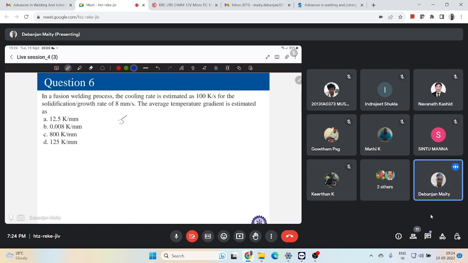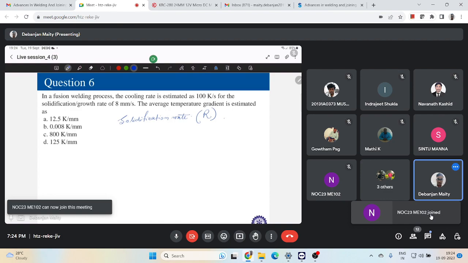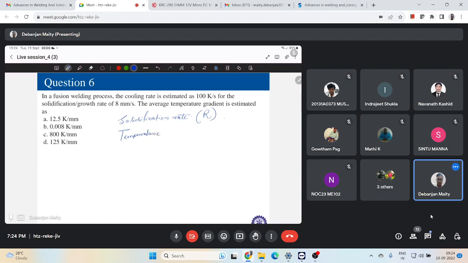So you have your solidification rate, which we signify as R, and then you have your temperature gradient, call it G, right?